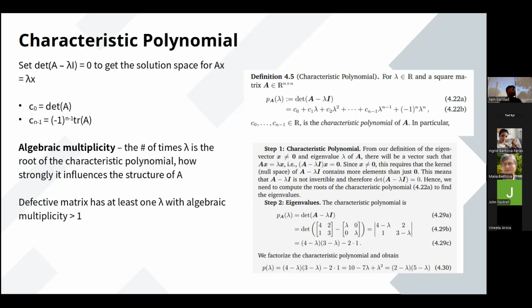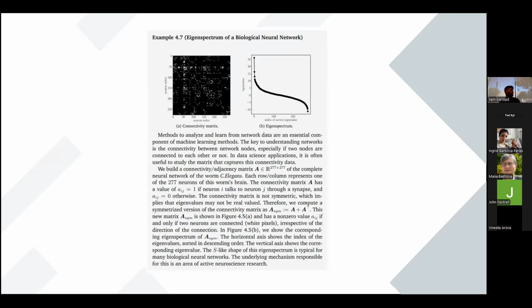Actually, really quick, what I want to talk about is this eigenspectrum, because I know that this is not something that I have personally analyzed yet. But the example that they gave in the book is this neuron connectivity matrix where they're quantifying how different neurons relate to each other, and they have neurons on one index and the same neurons on the other index, and the activation, whatever you want to call it, the number is how correlated or coupled they are.